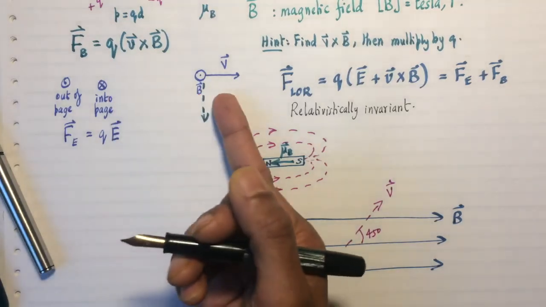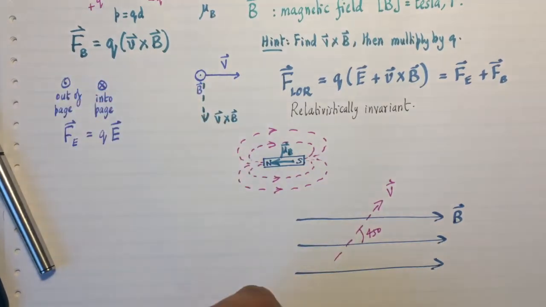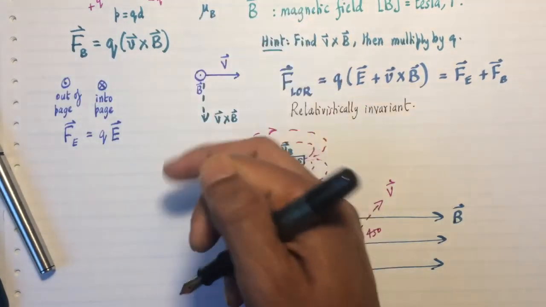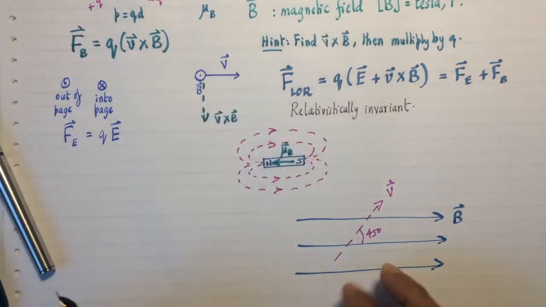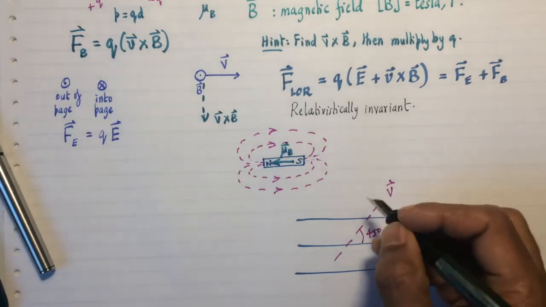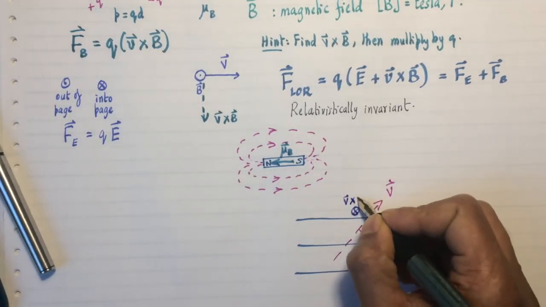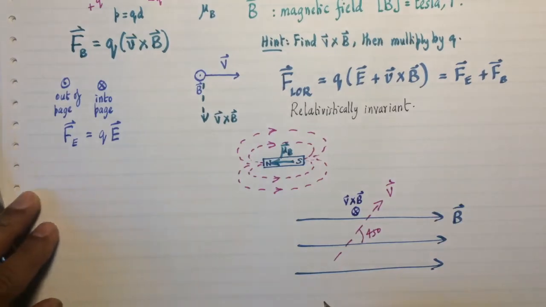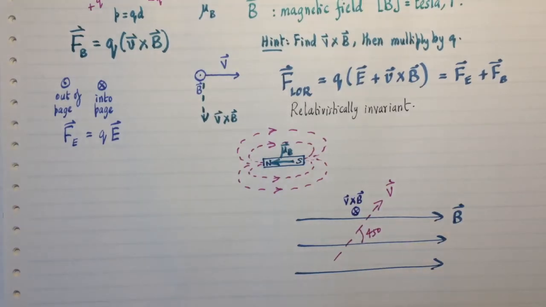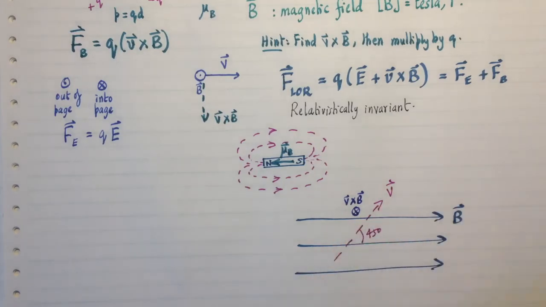I just decided here that if I have V and have B, then V cross B is going to be perpendicular to both V and B. So let's do that here. V cross B is going to be into the page. So I have V cross B vector that's into the page. Now how can it be that if I have a vector that's into the page, it doesn't go into the page?